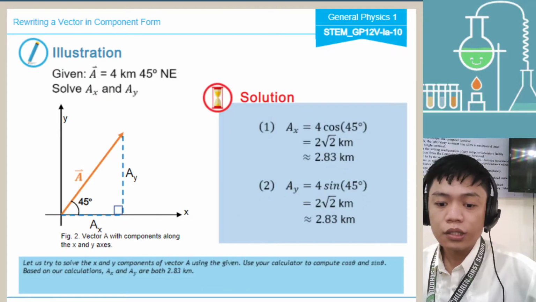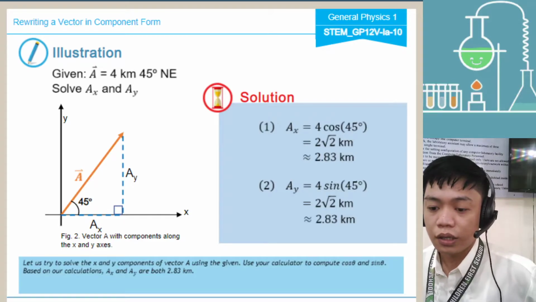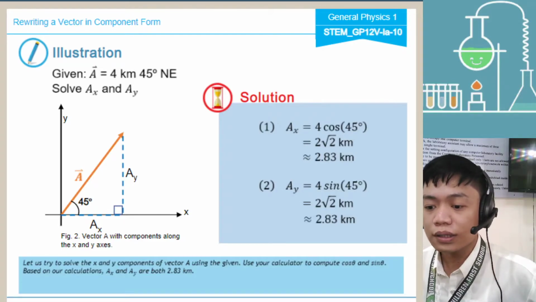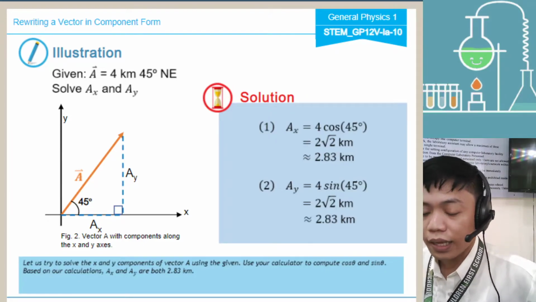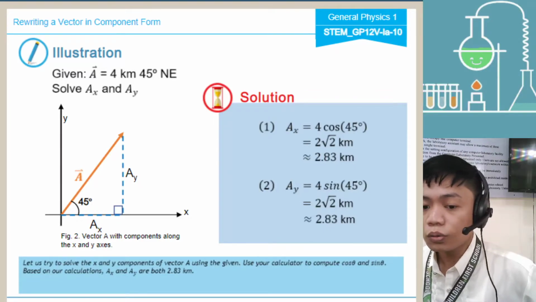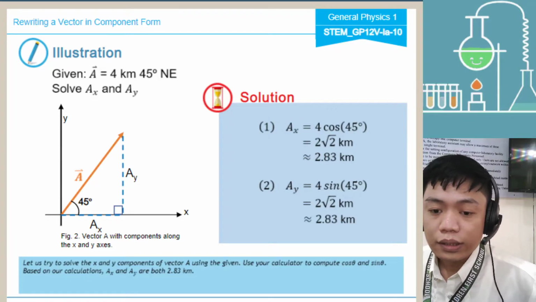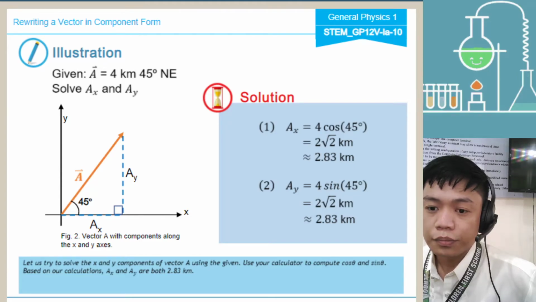Now, let us try to solve the x and y components of vector A using the given values. Use your calculator to compute cosine and sine theta. Based on our calculation, A sub x and A sub y are both 2.83 kilometers. As you can see in vector A, the origin of the magnitude is 0, and it points toward the northeast.